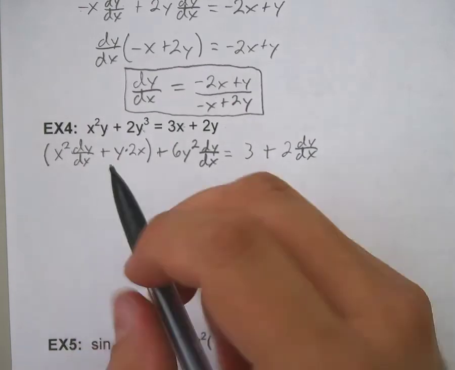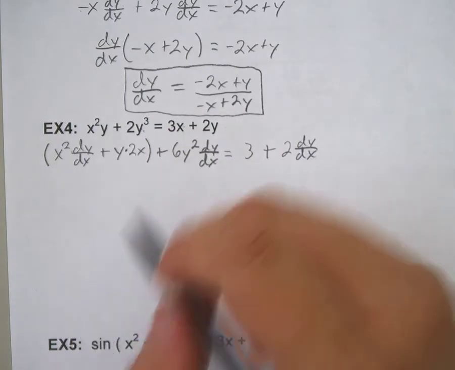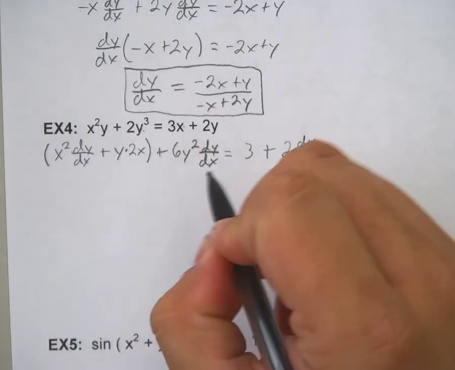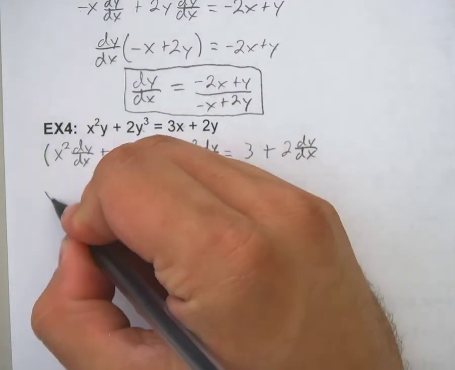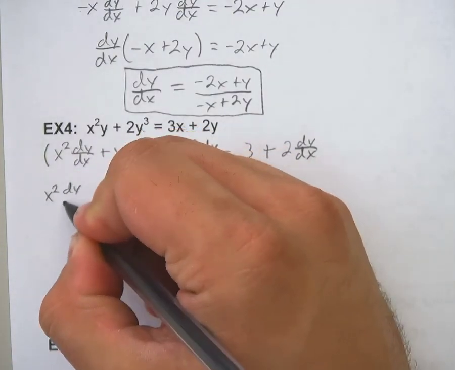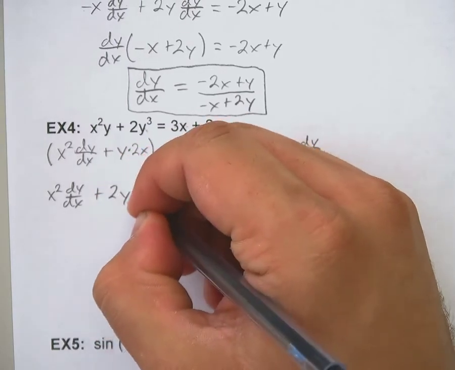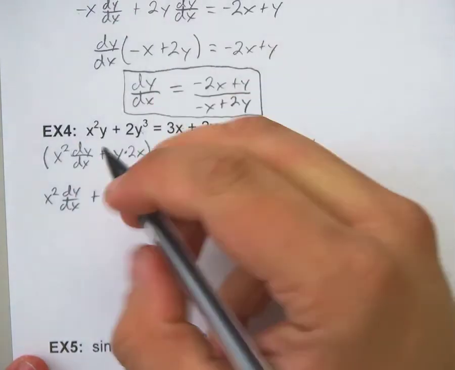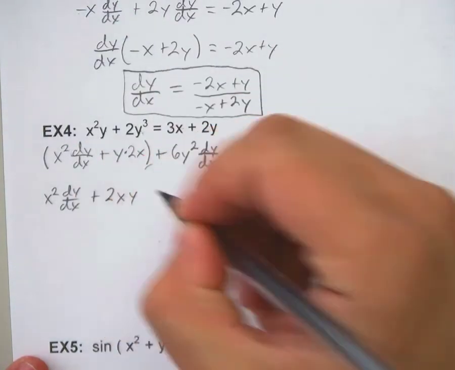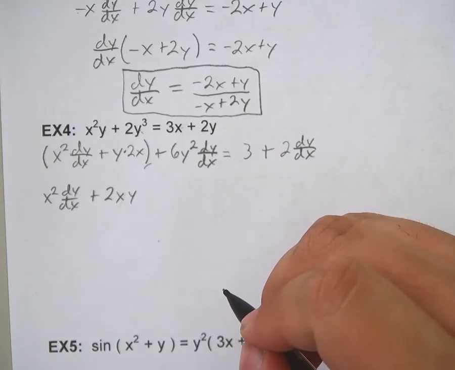All right. There's nothing going on with the parentheses here, so we can go ahead and just drop those. And let's get some things in order here. I'm going to have my x squared dy dx plus 2xy. I have a big thing for putting things in alphabetical order.